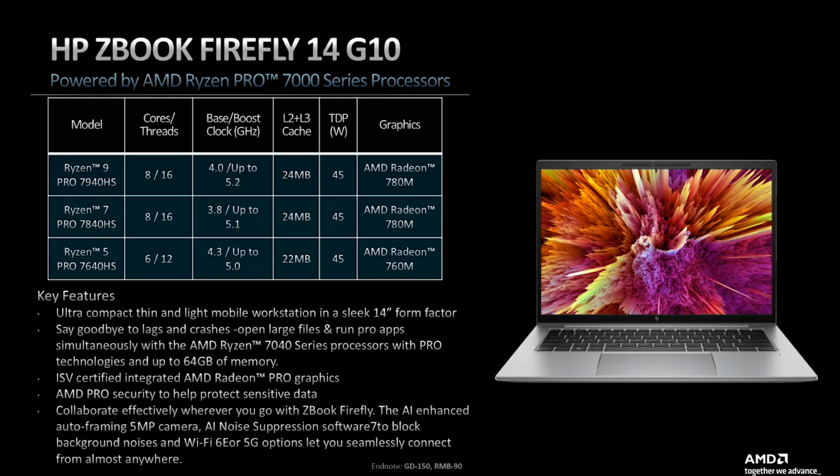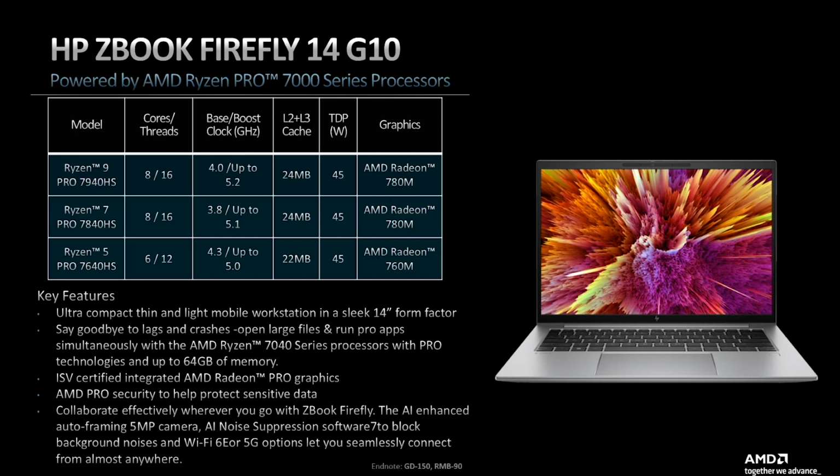So all of these are on the latest 7000 series of processor, which has 8 high performance cores with 16 threads and comes with advanced new Radeon graphics, which is RDNA 2 architecture, which is on a 760M or a 780M, and gives you larger L2 and L3 cache, and higher boost frequencies also. It comes with Pro security features as well. These are all on the 7040 series of processor, which also takes care of the AI workloads.